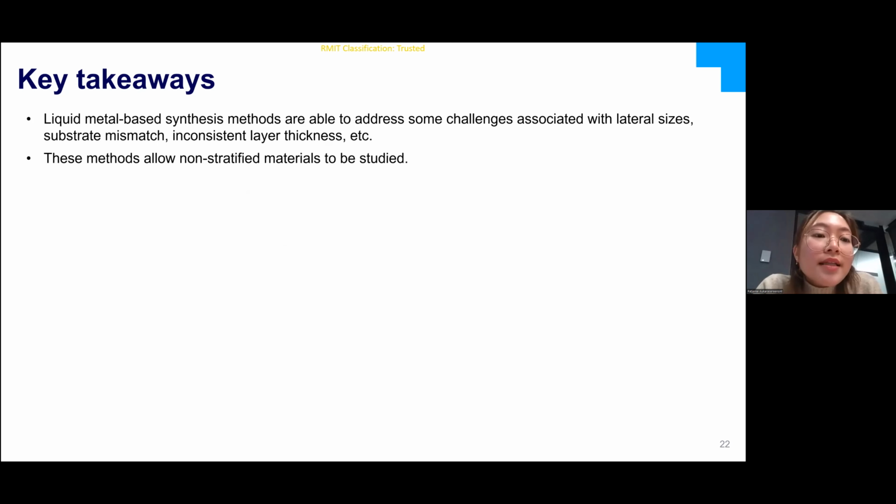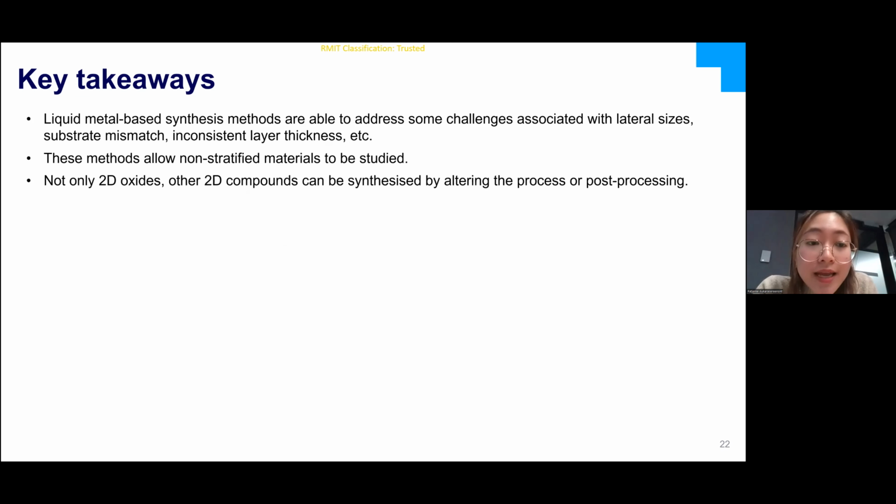These methods allowed a bunch of 2D materials to be explored, especially non-stratified materials that would be challenging to obtain via conventional methods. And not only oxide materials, we can have access to 2D compound systems as well, like nitride, sulfide, and so on. These can be synthesized by altering the process, altering its environment, or also post-growth processing.